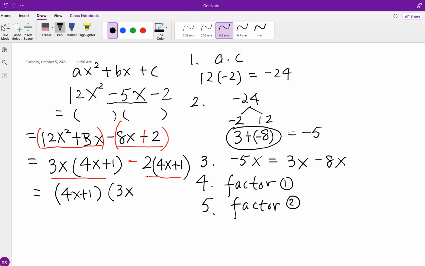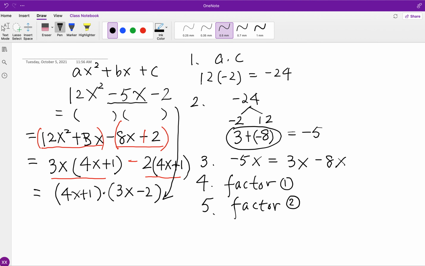Bingo! Wow, look at this. So now my trinomial, 12x squared minus 5x minus 2, has been factored into these two bundles.